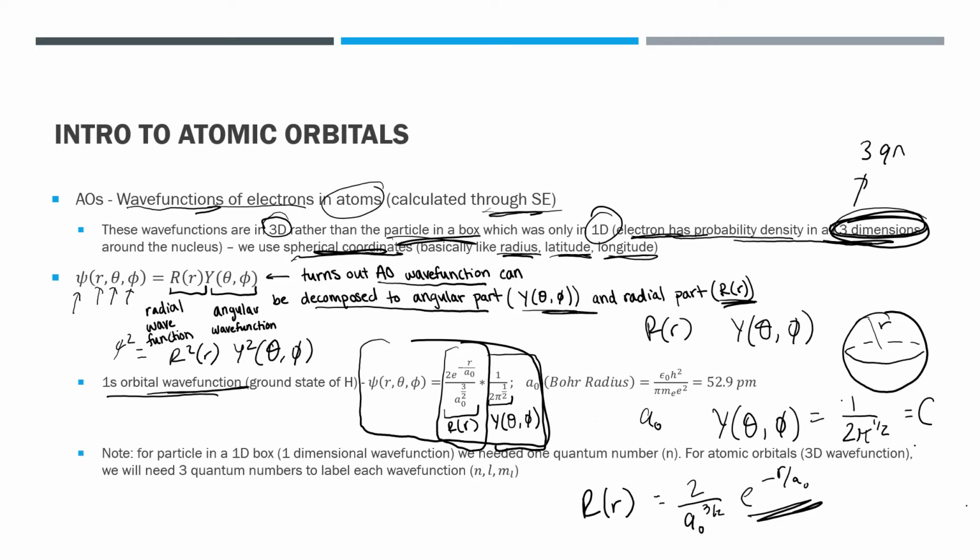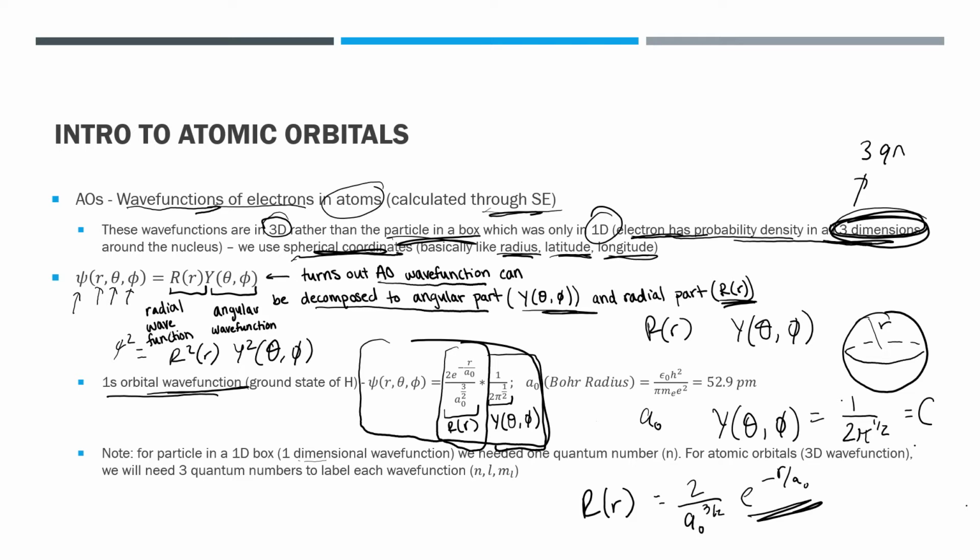And with an exponential decay function, that means that R squared is also going to be an exponential decay function, which means that as I go farther away from the nucleus, the probability density will be lower, which makes sense. That's intuitive, right?